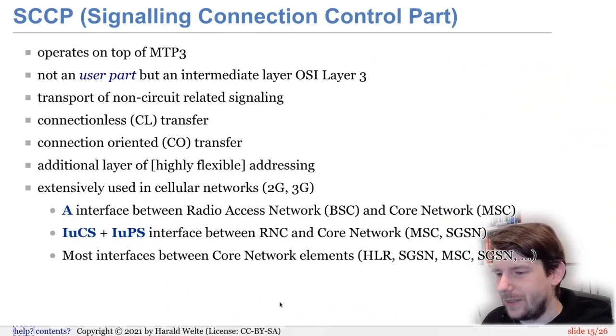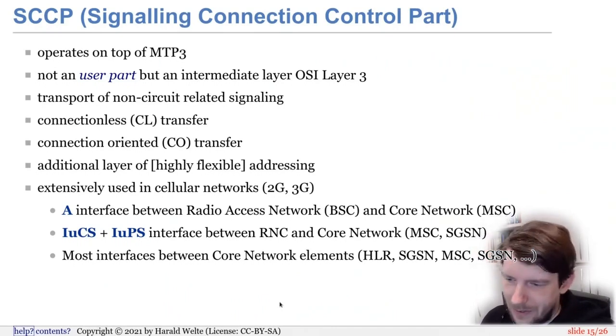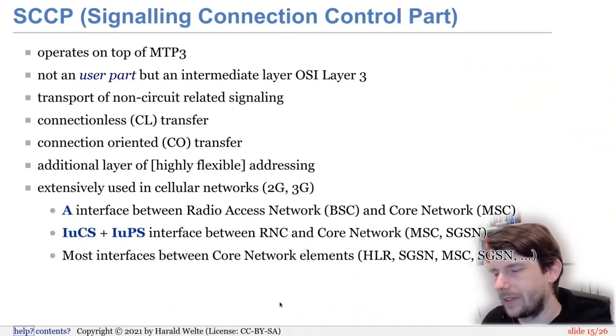It's individual messages, datagrams, but with the notion of a connection that is established, and then you have messages both ways, and it is torn down at some later point. SCCP adds an additional layer of highly flexible addressing on top of MTP, where MTP only has point codes. SCCP has SCCP addresses, which we will look at shortly, what those are.